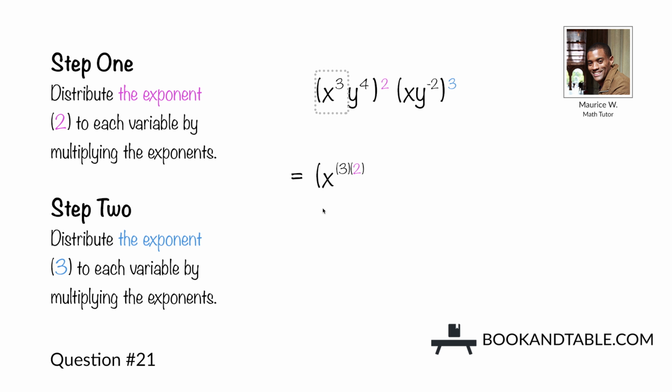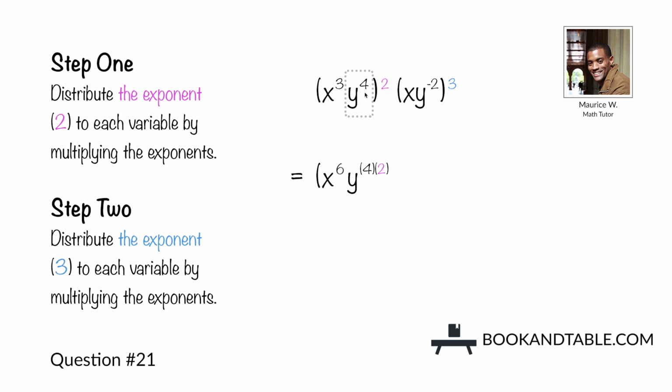So for this question, you must distribute the exponents to their respective terms before multiplying the resulting products. So step 1, distribute the exponent 2 to each variable by multiplying the exponents. So x to a power of 3 to a power of 2 becomes x to a power of 3 times 2, which is positive 6.